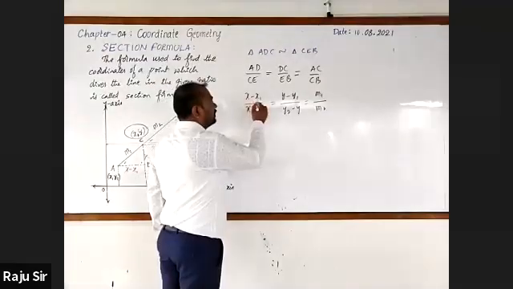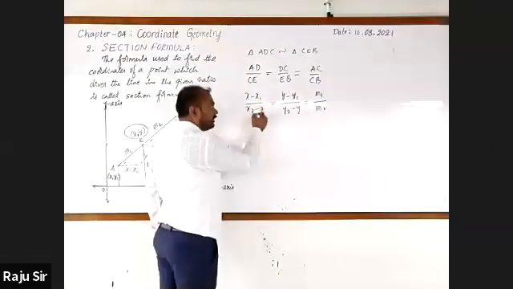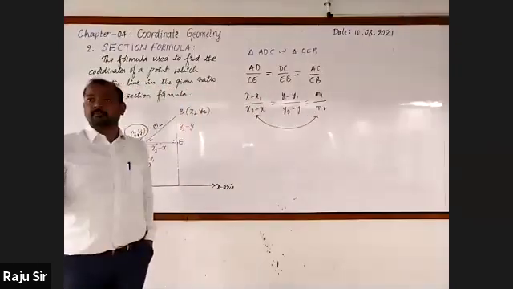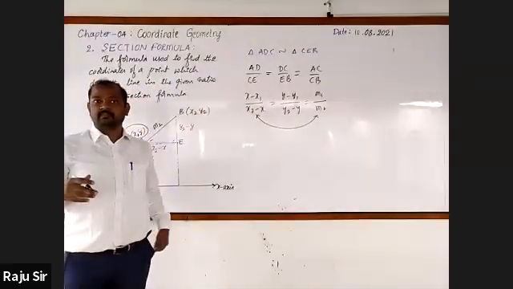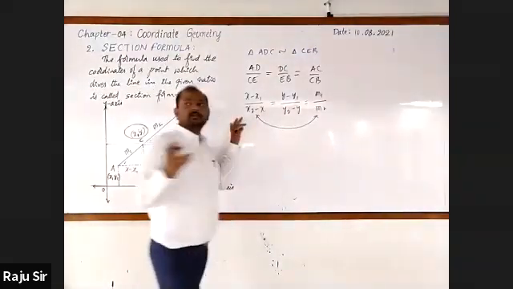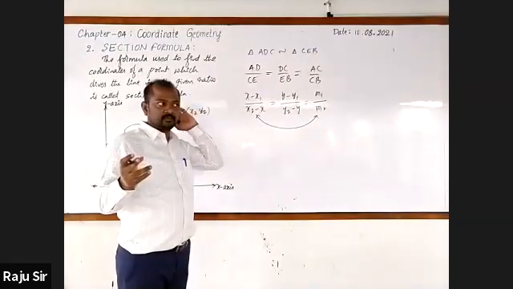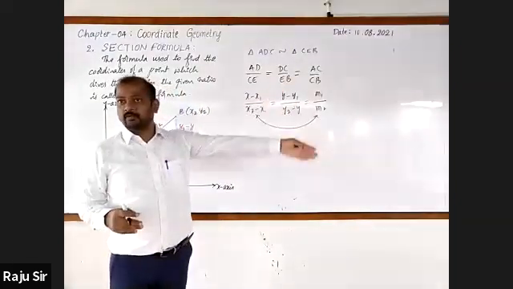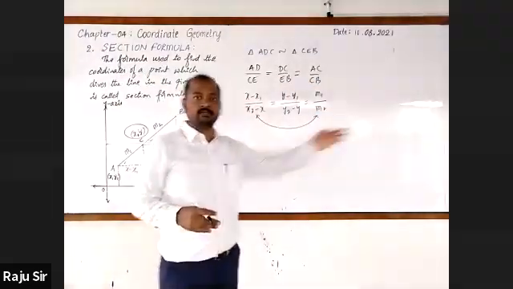Here, to solve X, I go for equating. Recall the cross multiplication method, in which for infinitely many solutions A1 by A2 is equal to B1 by B2 equal to C1 by C2.